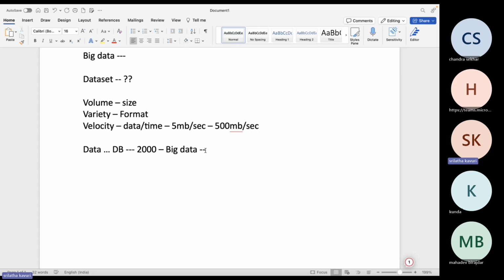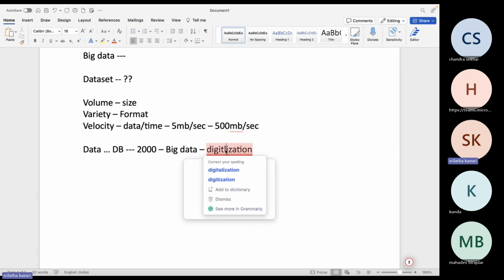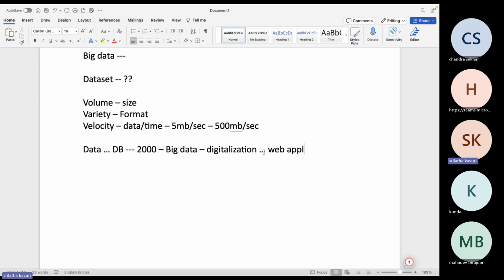From 2000, a lot of digitalization started, and because of this digitalization, the processes we have started turning into web applications, and later on what got added to them is mobile applications.